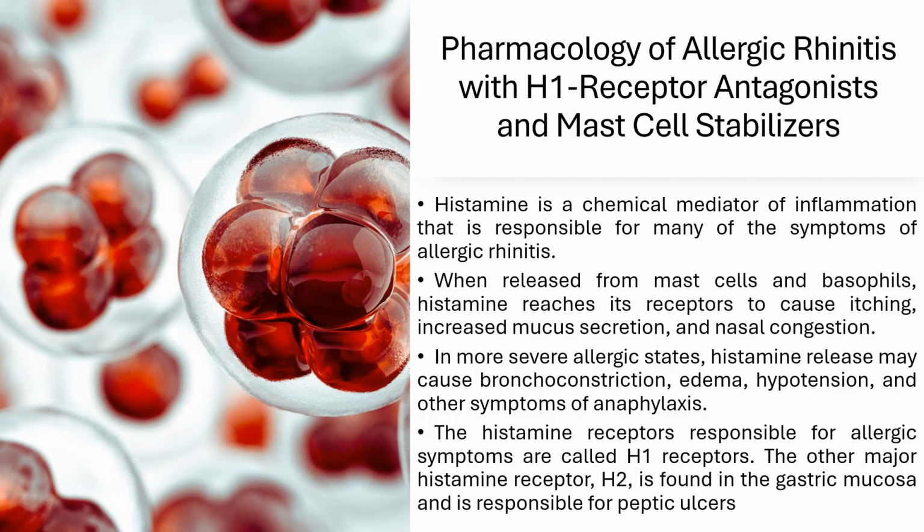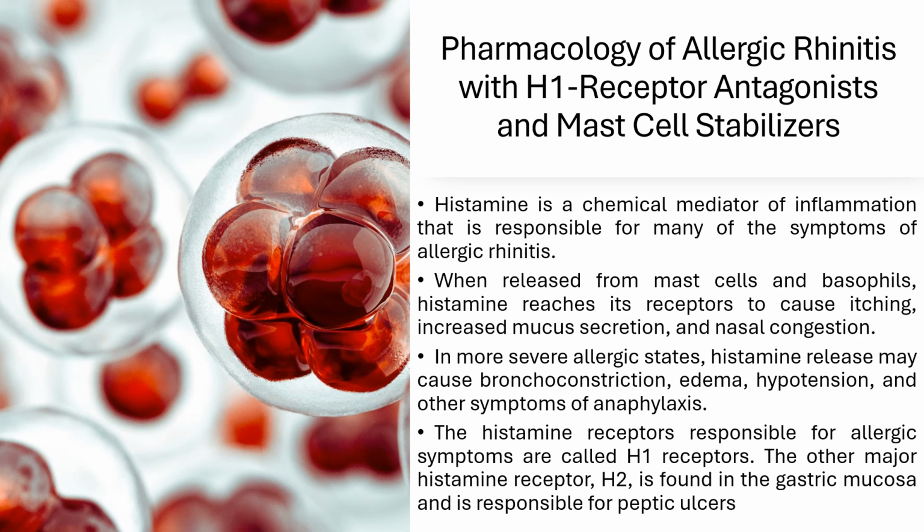Pharmacology of allergic rhinitis with H1 receptor antagonist and mast cell stabilizers. Histamine is a chemical mediator of inflammation that is responsible for many of the symptoms of allergic rhinitis.